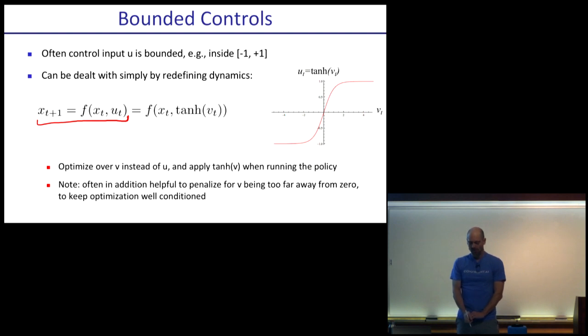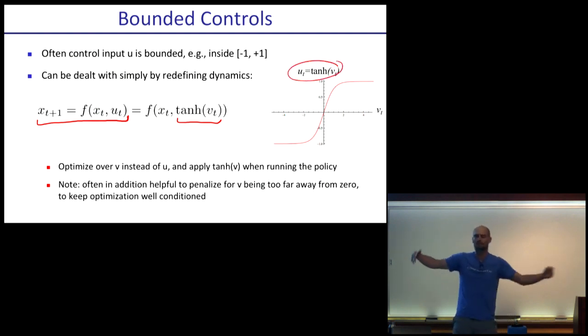So you say u_t is going to be tanh of v_t, and this is the tanh function shown over here, which brings anything from -infinity to +infinity between -1 and +1. And by inserting that tanh there, your v can be any value from -infinity to +infinity again, but the dynamical system will only encounter the tanh of v, and so will only encounter things between -1 and +1.